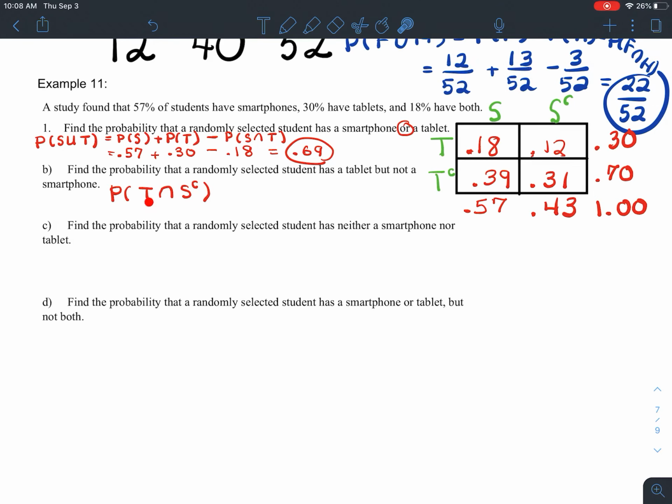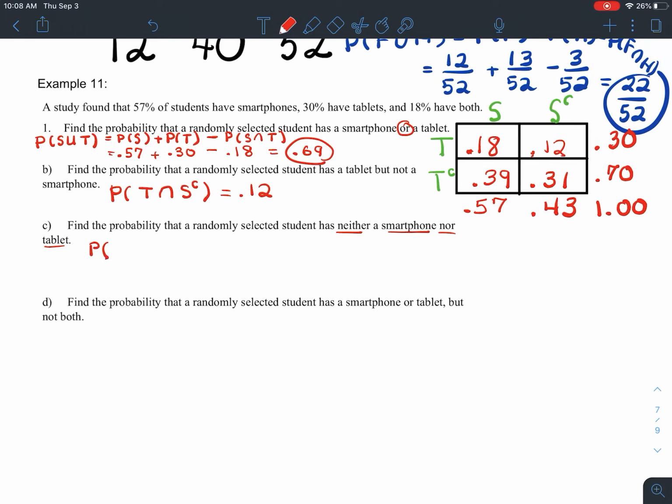Okay, so they didn't actually put the word and in here, but it is most definitely implied that we're looking for this situation here. Okay. So I'm just looking for the intersection of where do the tablet people overlap with the people who do not have smartphones, and I can just pull that number right off the chart there. I can see that that's 12%.